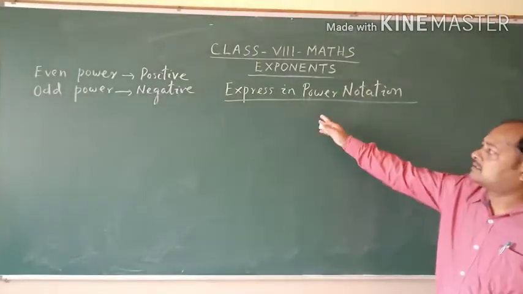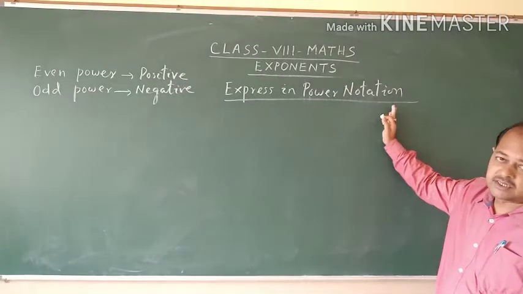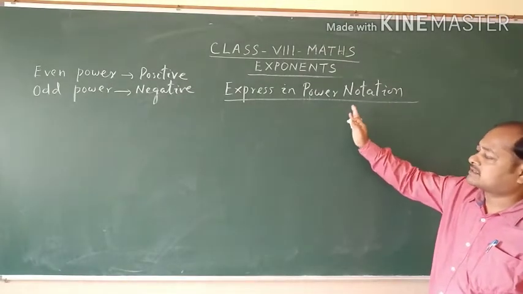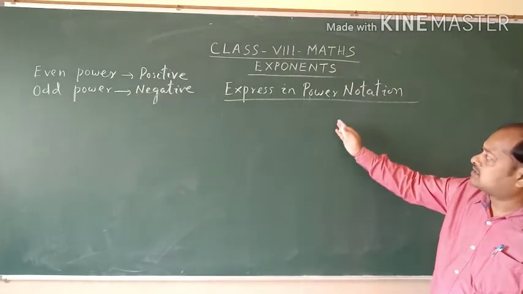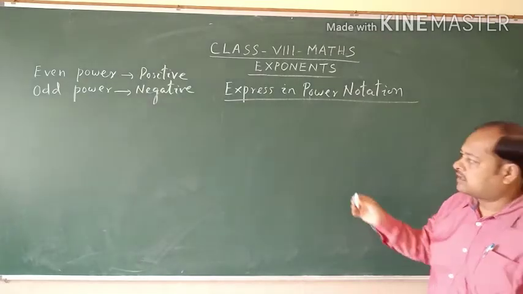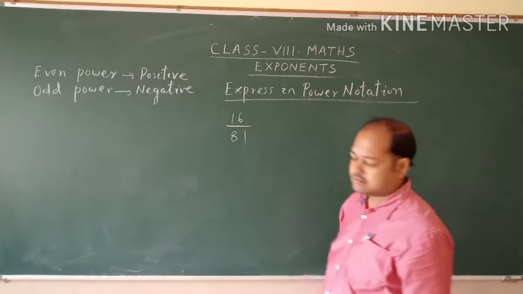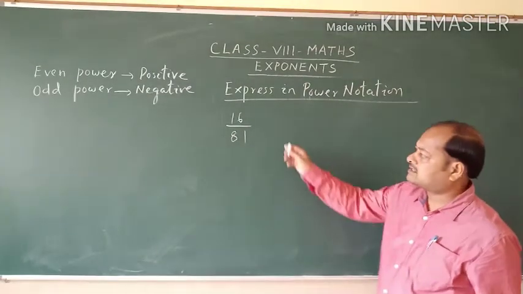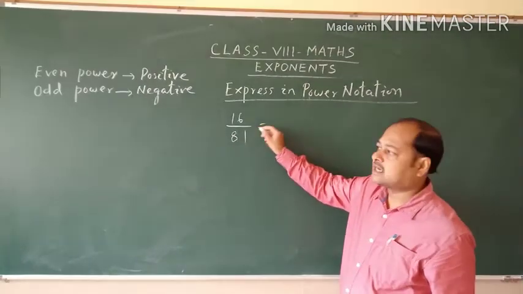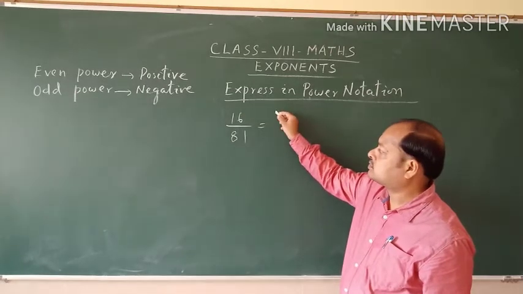Next we turn to the concept of expressing in power notation. How do you represent a rational number or fraction in power notation form? Let's see one example, 16 upon 81. The factor of 16 is 2.